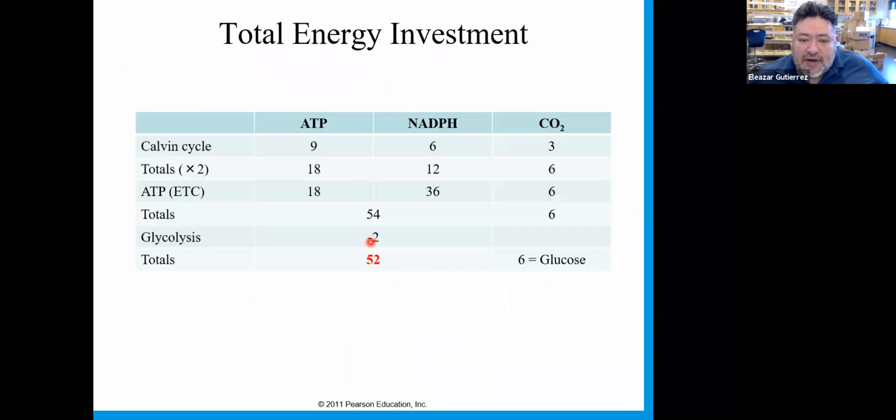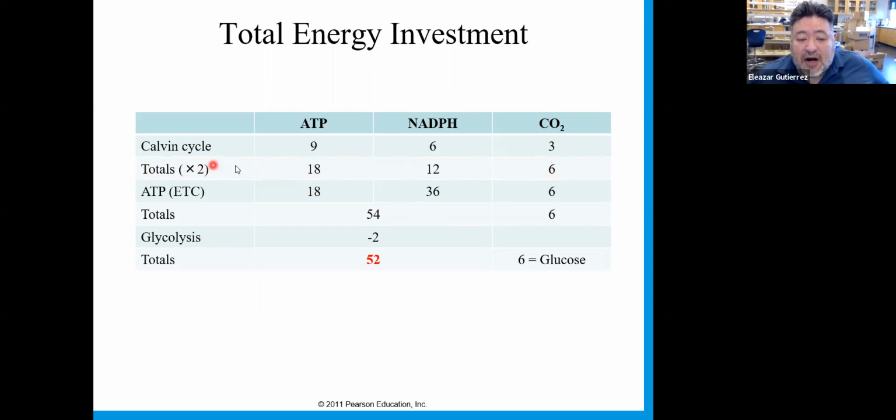Okay? So over here, we're going to take the totals and multiply them times 2. 2 times 9 is 18. 2 times 6 is 12. 2 times 3 is 6.